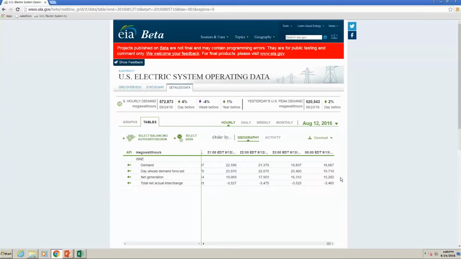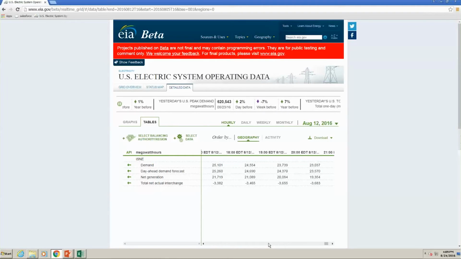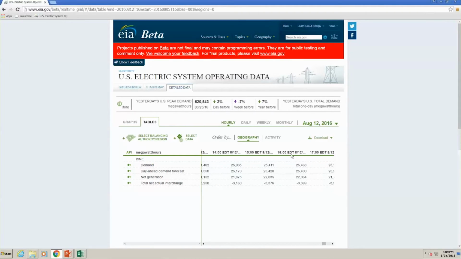So this brings up the 4 data elements for New England for this period, and scroll over to our 4 p.m. hour, and here at the top is the demand value that we were using for our calculation, and the bottom is the interchange value. But now we've added forecast demand and the net generation value there.